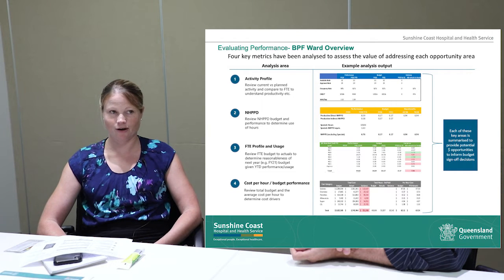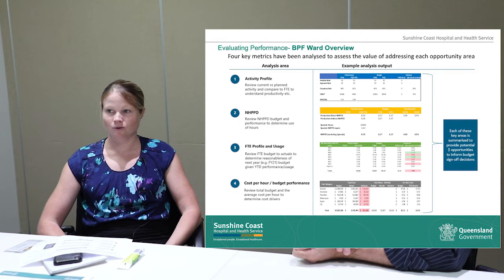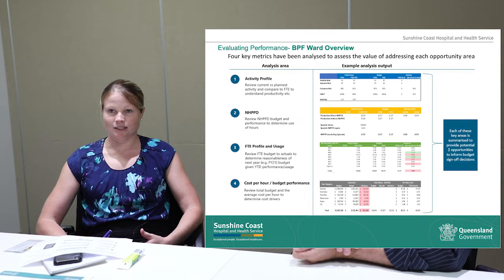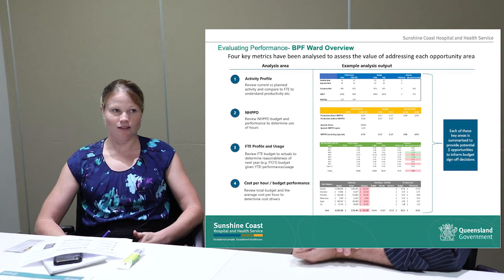And then the third component is the workforce profile. So that actually looks at your skill mix. It looks at what you're currently utilising and what you've utilised in the past, and then looks at what you're proposing to see if there's changes in the skills that you would like to utilise next financial year.